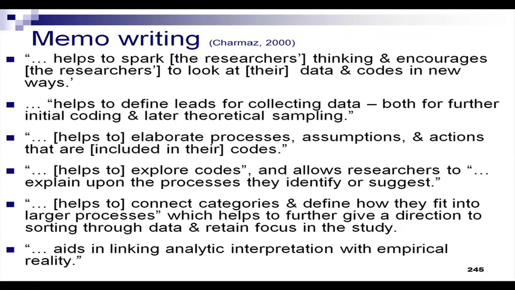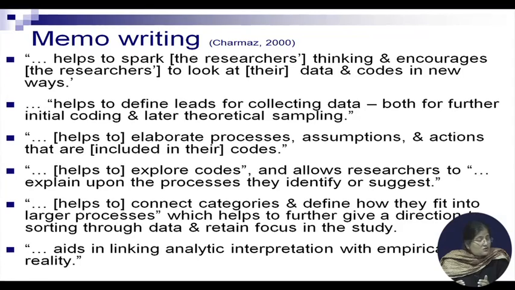It also helps to define leads for collecting data, both for further initial coding and later theoretical sampling. So memo writing helps to define leads. It gives us directions. It gives us links. You know, we are writing about something, whatever we tend to focus on more becomes the point of interest. Then it helps to elaborate processes, assumptions and actions that are included in codes.